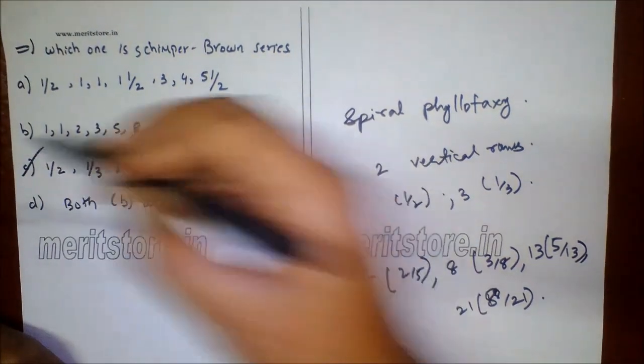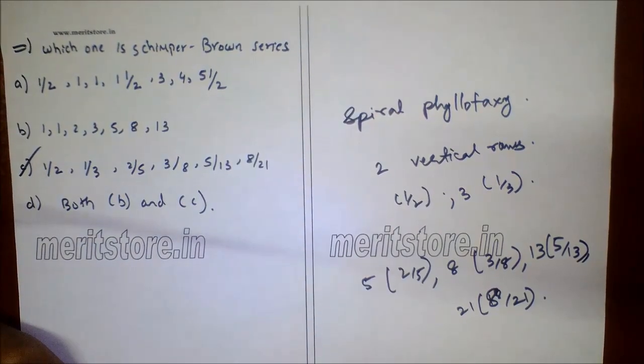So option C is the correct answer for Schimper-Braun series.